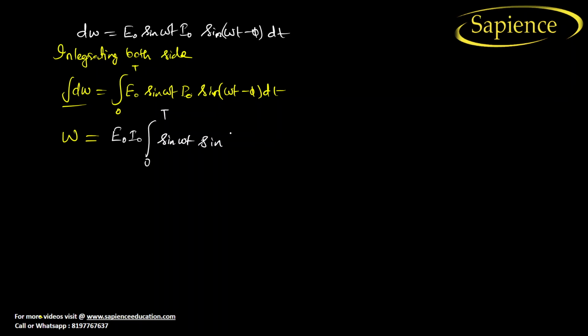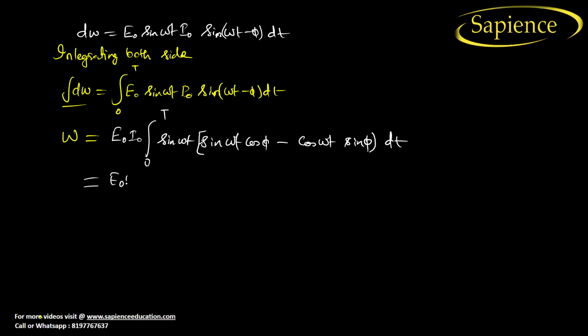Sine omega t minus phi can be expanded using sine a minus b equals sine a cos b minus cos a sine b.